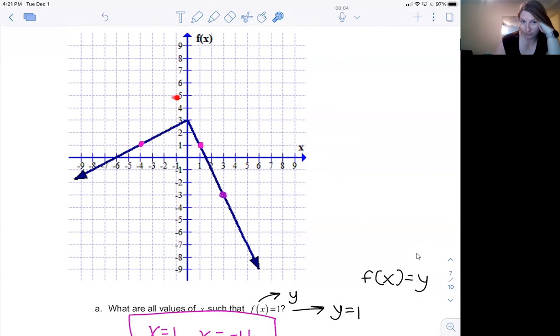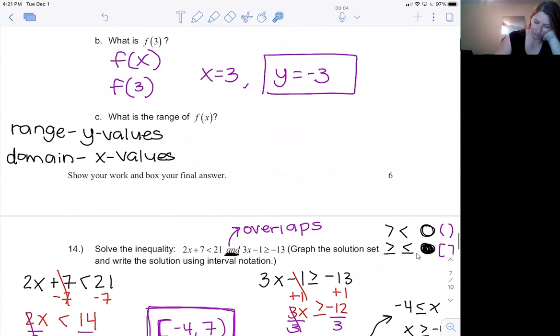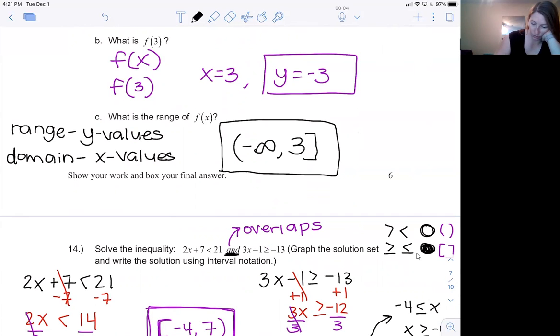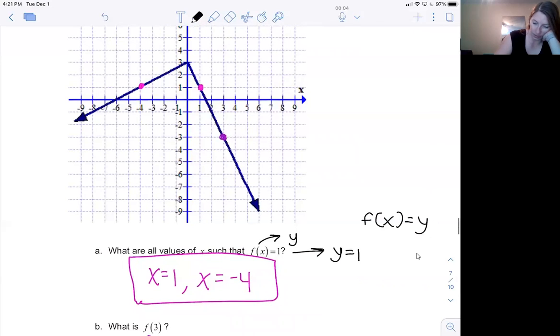Same with 5, right? At 3, I've got this 1 point. At 2, I've got these ones. So I have values all the way up till 3. So my range is negative infinity and 3. And it's going to be a bracket because we include 3. That 3 is included. I have a point right there.